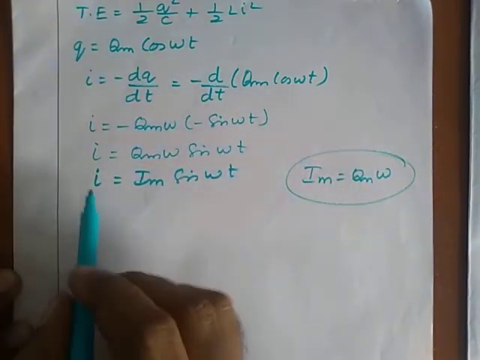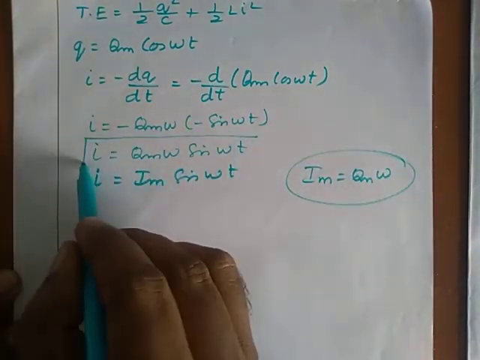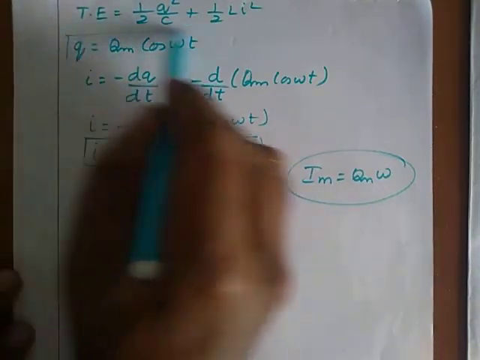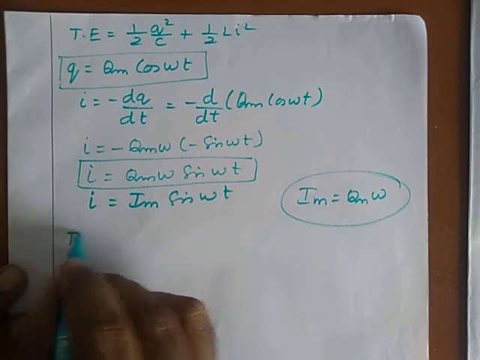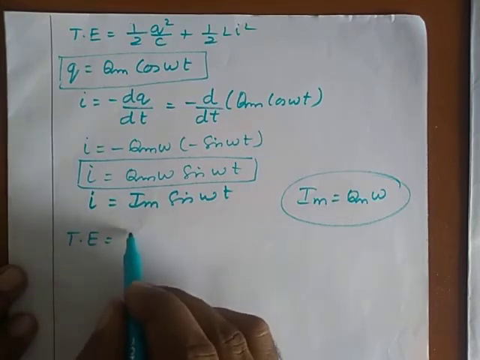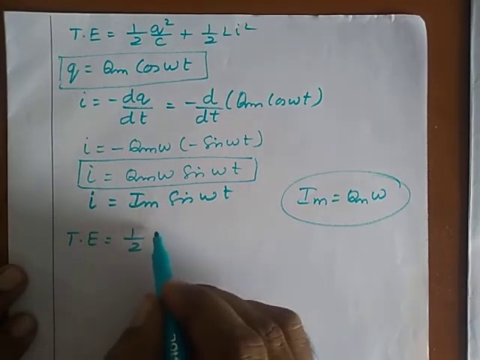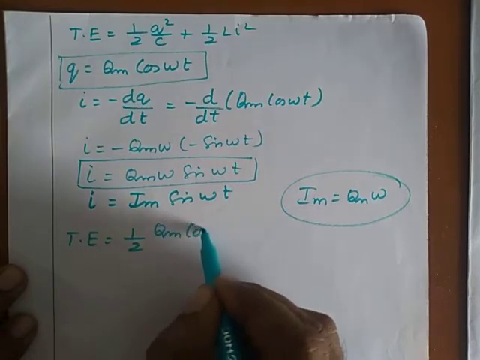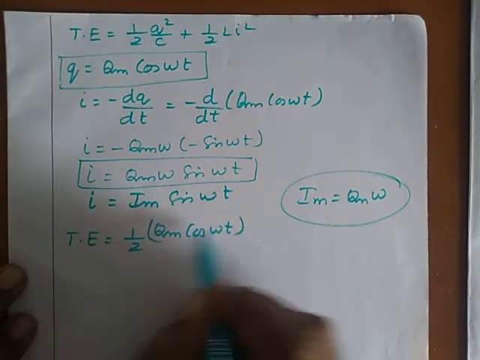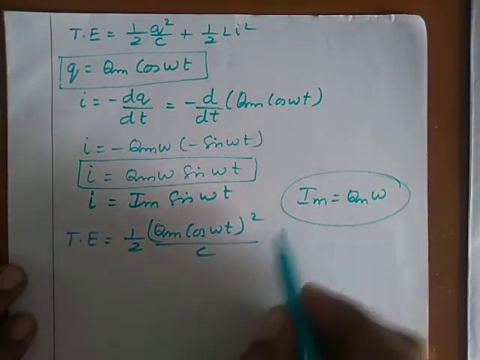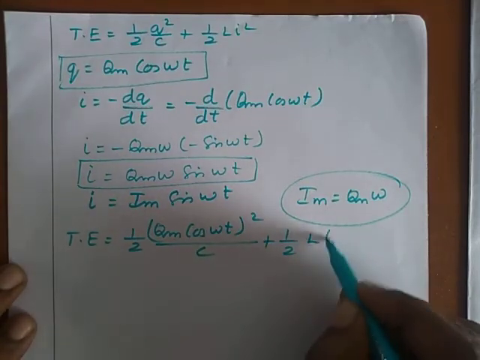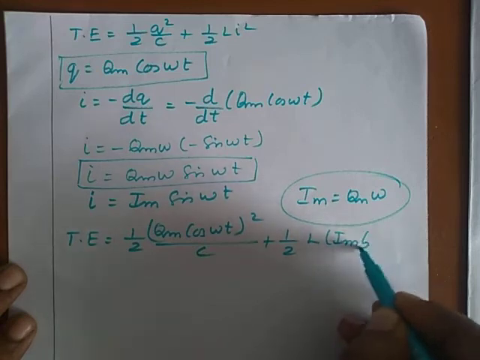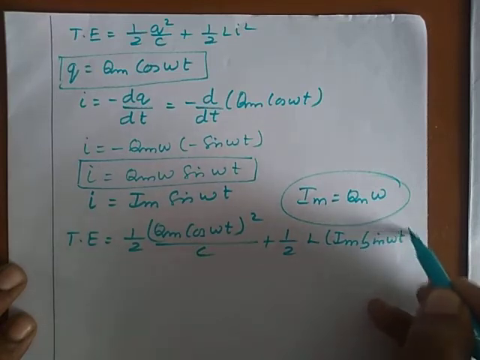We know Im is the peak current, so Im is equal to Qm omega. Then we have I and we have charge Q. Substituting in the above expression, the total energy is equal to 1 by 2 Qm cos omega t whole square by C plus half L times Im sin omega t whole square.